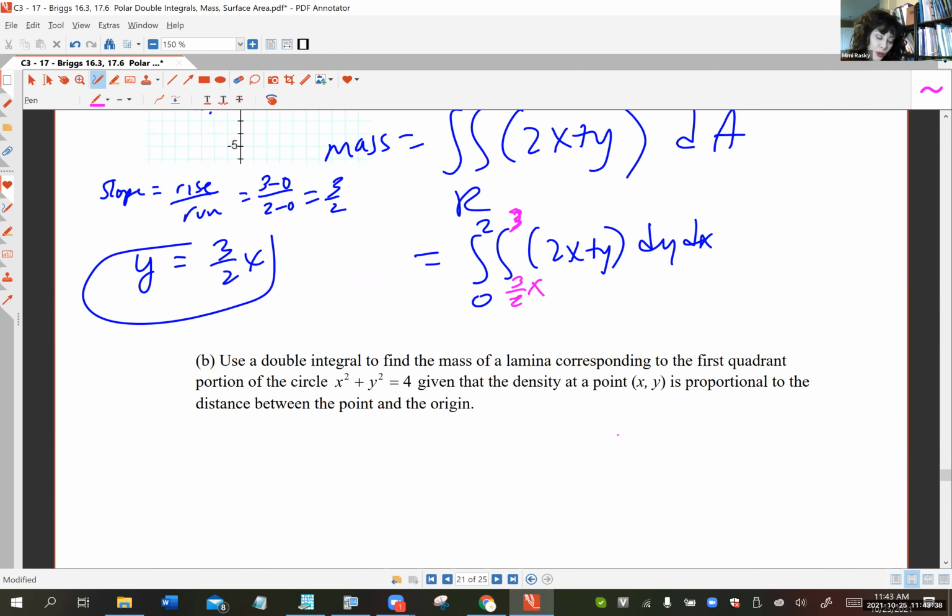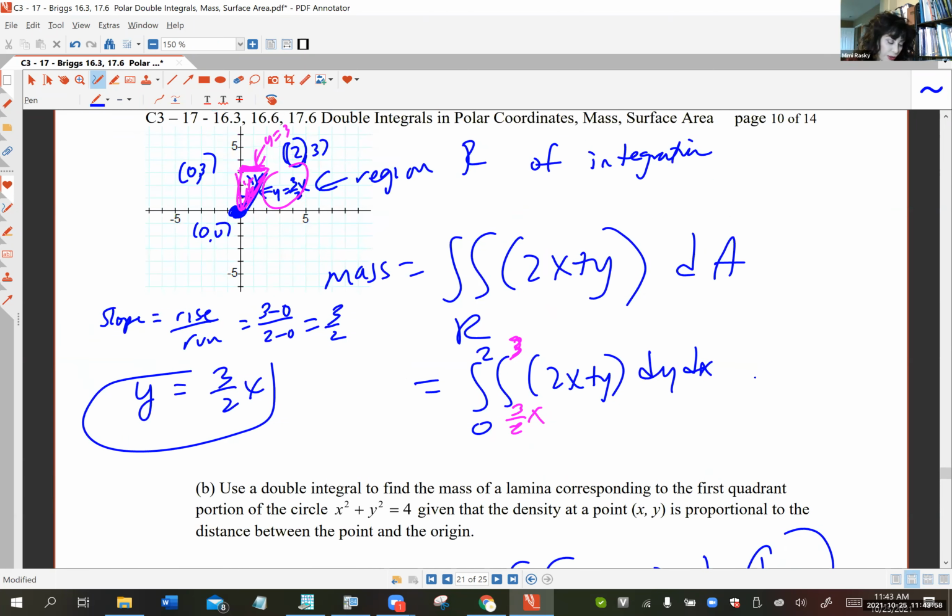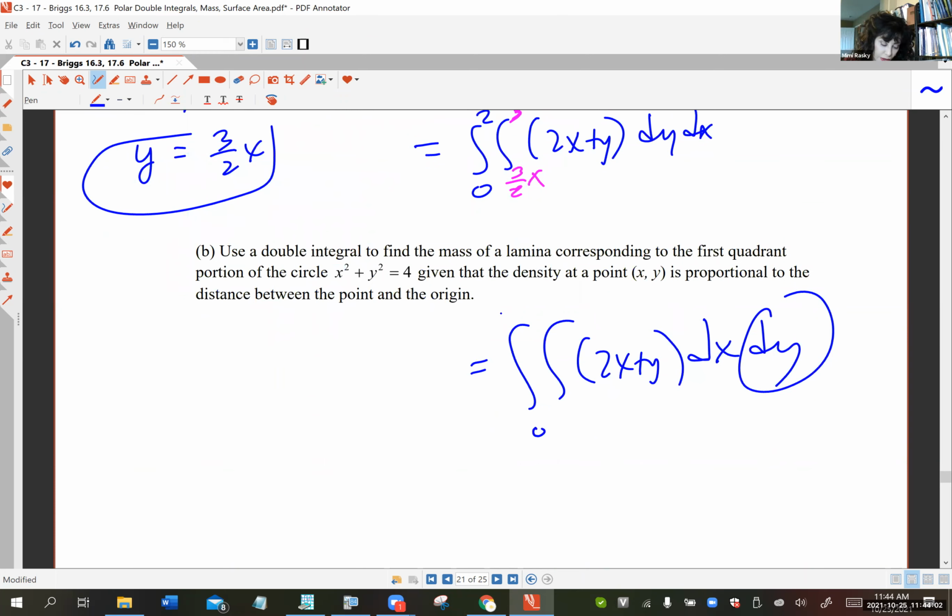Now, I'm going to switch the order of integration because I claim it will be easier. It'll be cleaner if you integrate this. And I'm not kidding. So if I flip this, I still have the variable density function. If I flip this to dx dy, what would be the limits? Now, y is the outermost integral, so y is going from a pure number to a pure number, which is 0 to 3.